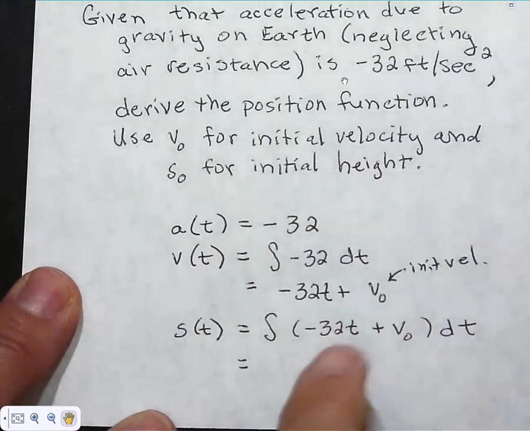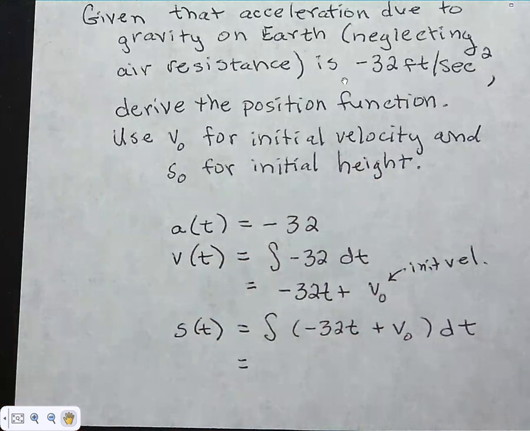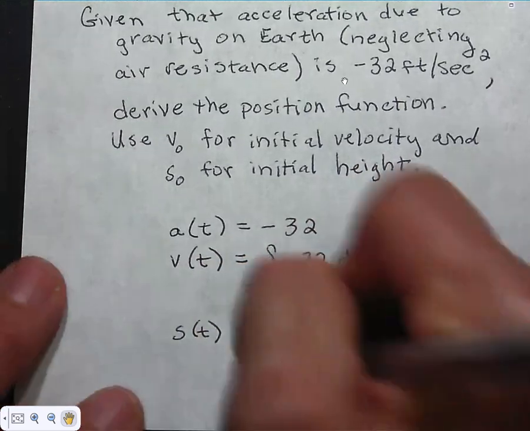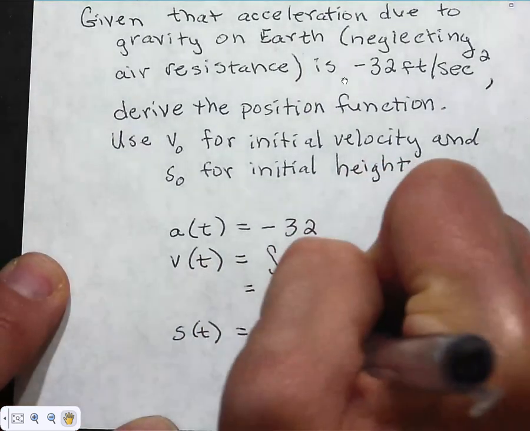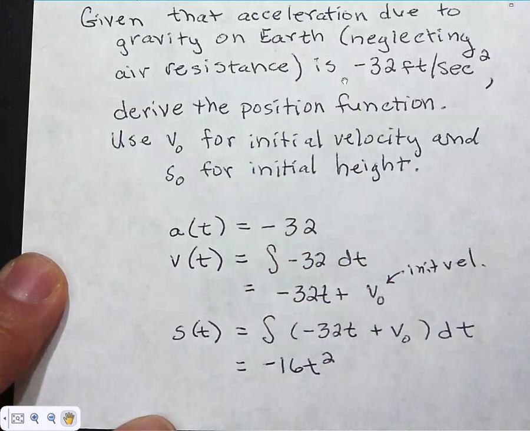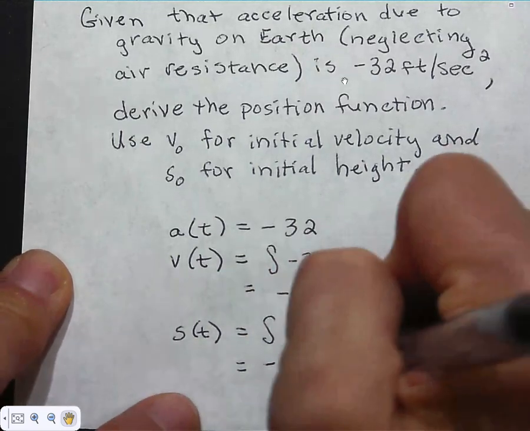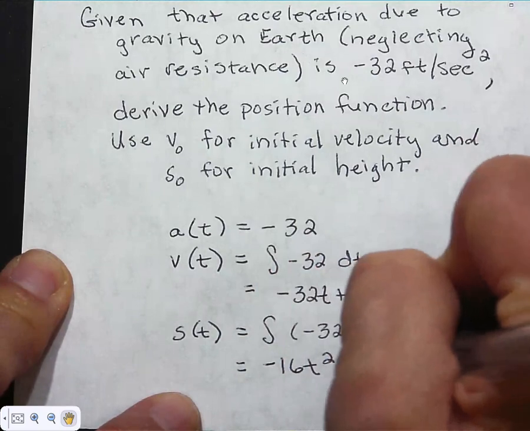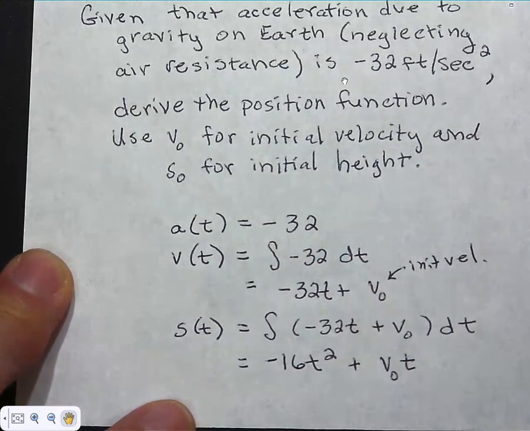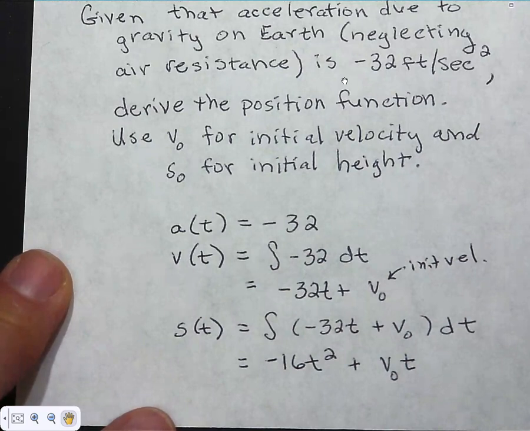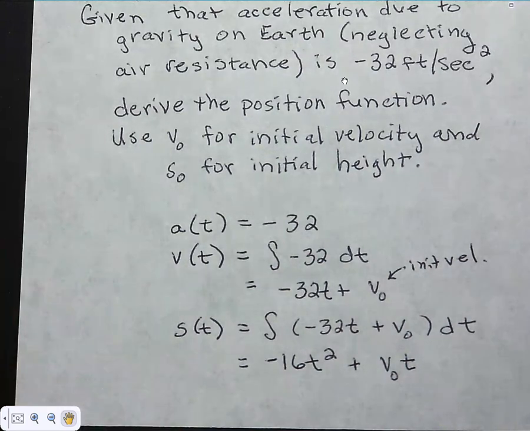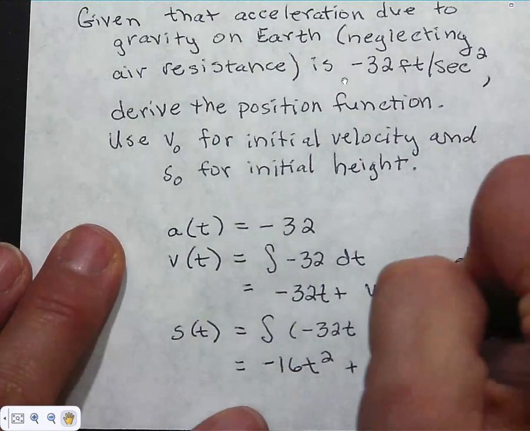And what's the antiderivative of -32t? -16t squared plus what? The antiderivative of a constant. That initial velocity is a constant, so its antiderivative would be the constant times t plus some constant on the end. What does that constant on the end represent? Initial height, and what are we using to represent initial height?